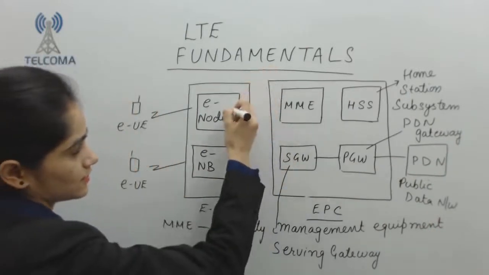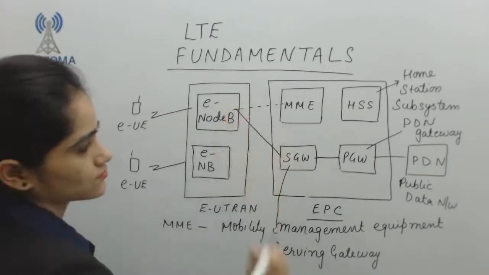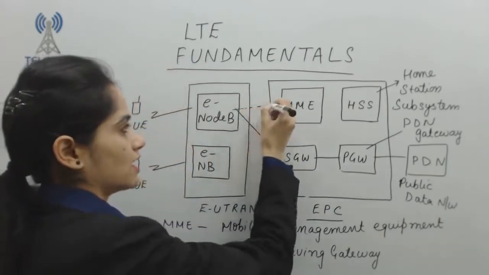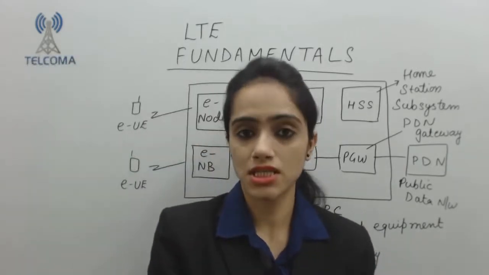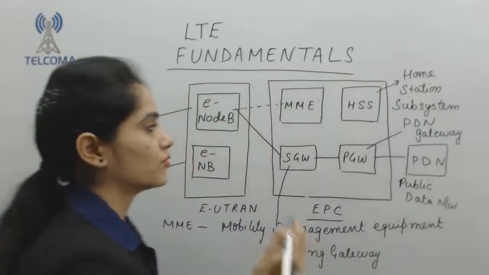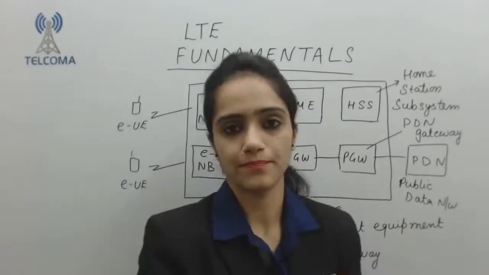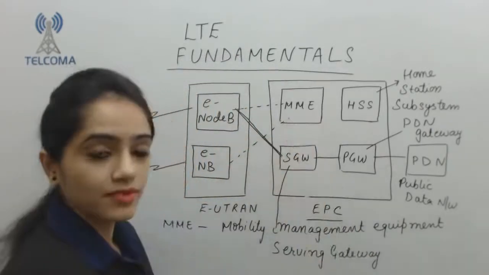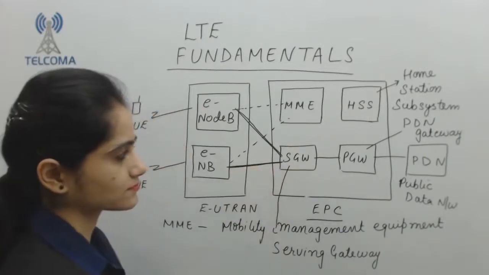The dotted line shows that the eNodeB will contact the MME for signaling procedures, and the bold line means it has to contact the serving gateway for data. So simultaneously it will communicate to the MME for signaling and to the serving gateway for data.